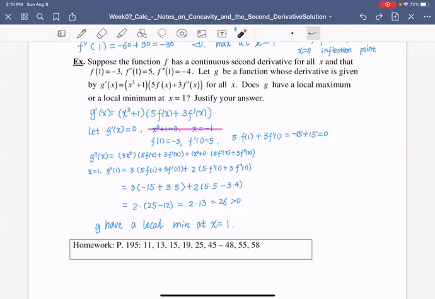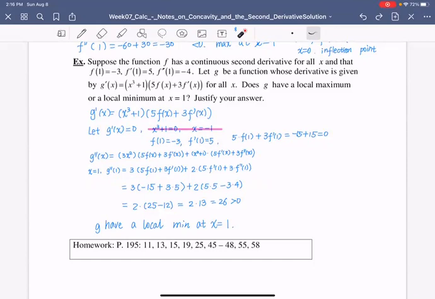Let g be a function whose derivative is given by g prime of x equals (x cubed plus 1) times (5f of x plus 3f prime of x) for all x. Does g have a local maximum or a local minimum at x equals 1? Justify your answer.